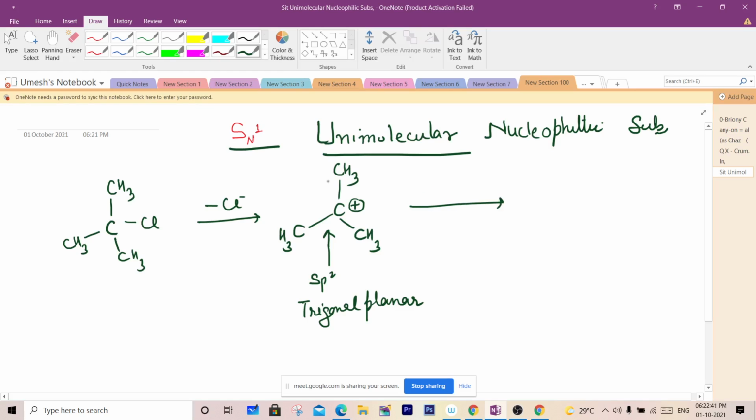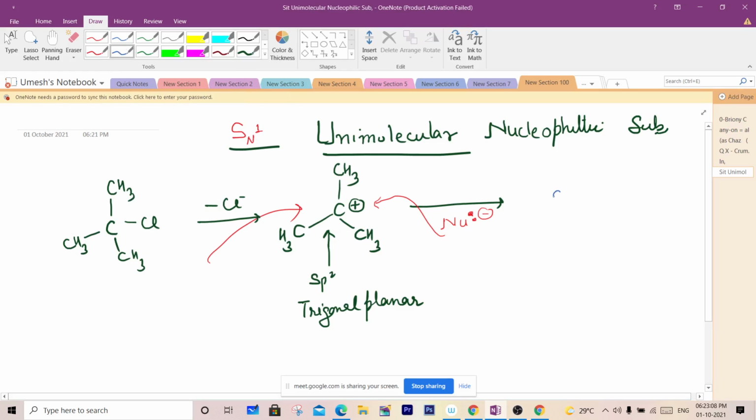And on this trigonal planar carbocation, the nucleophile, which is negatively charged or may be neutral but with a lone pair, will attack something positive. Nucleo means positive, phile means loving. It can attack this positive carbon from two sides, either from the left hand side or from the other side. Because the molecule is planar, it can attack from the left and right both ways.